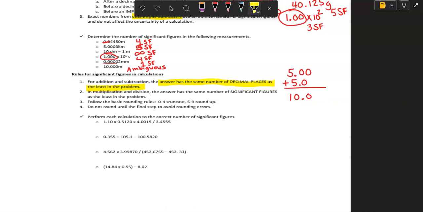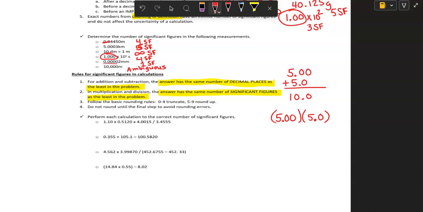When we multiply and divide, it goes by total significant figures as the least in the problem. So let's do that same calculation we just did, but let's do 5.00 times 5.0. So maybe we measured with one ruler for one of the measurements and a different ruler with the other one, and they had different reliabilities.